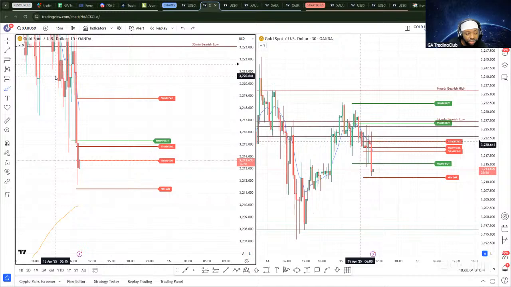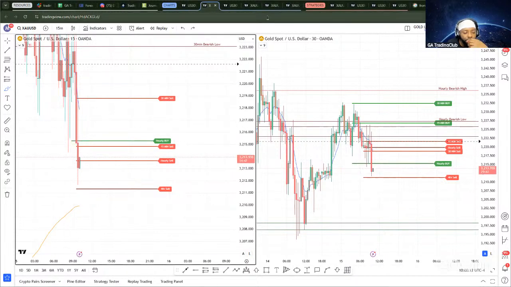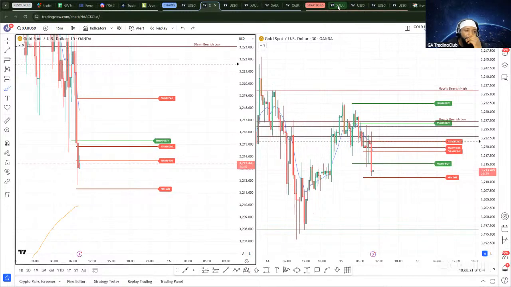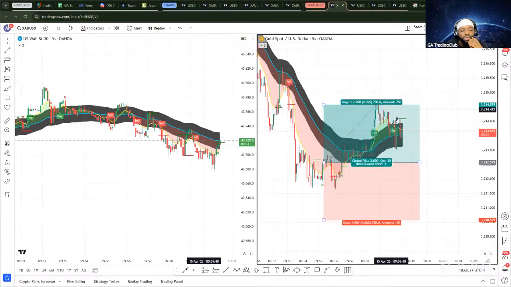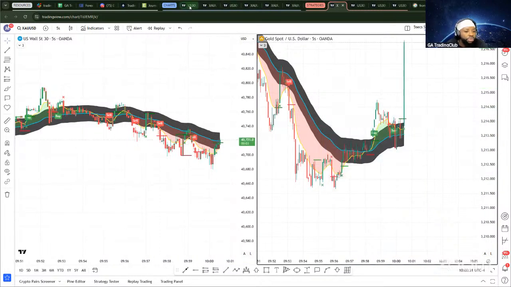But if you want to be a little cautious, especially if you have a bunch of SAR levels in the same area, maybe you want to divvy your regular risk by half, so that in case you lose one trade, you don't lose what you'd normally lose for each risk. But yeah, this gold one would have hit and you'd be back at break even if you took the first. And look at that shoot up for gold.